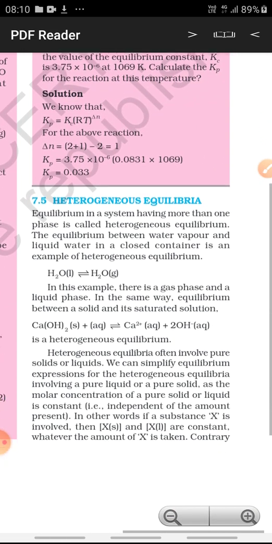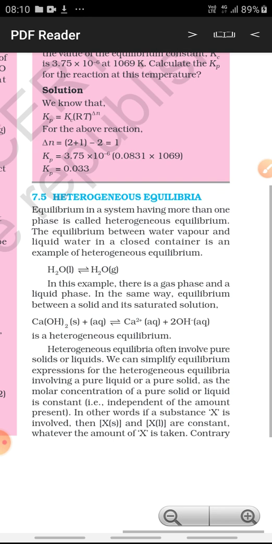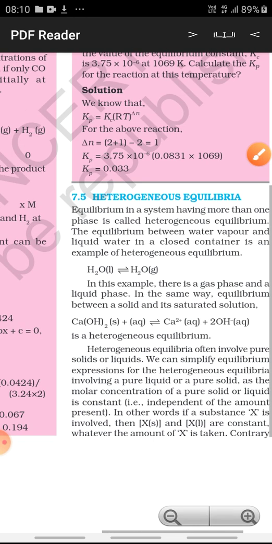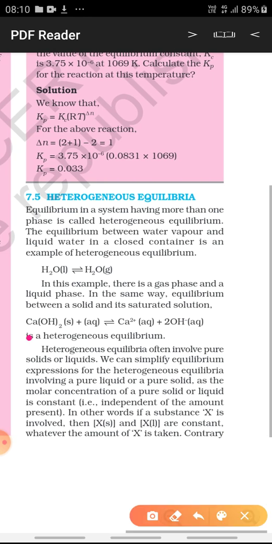Now coming to heterogeneous equilibria. Hetero means, as you all know, different. Hetero means different physical states. For example, we have the equation in which calcium hydroxide is dissolved in water. Calcium hydroxide is a solid. It is dissolved in water and it gives calcium ions and hydroxide ions.